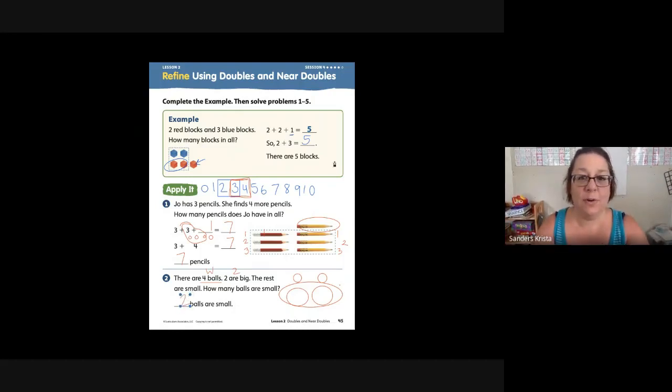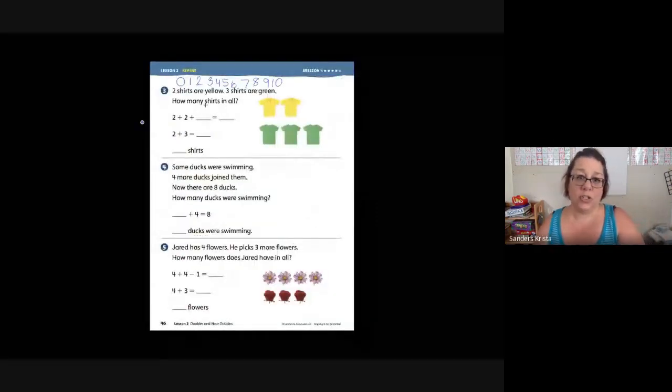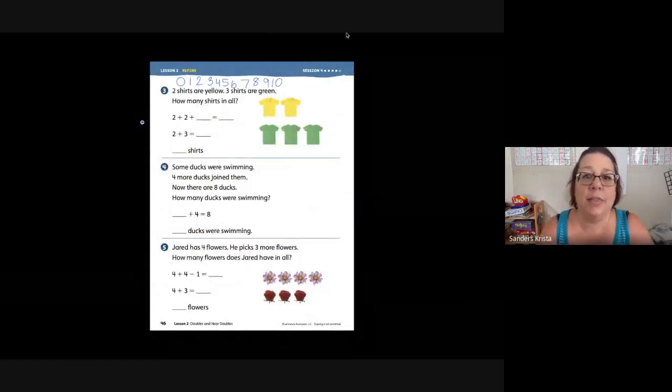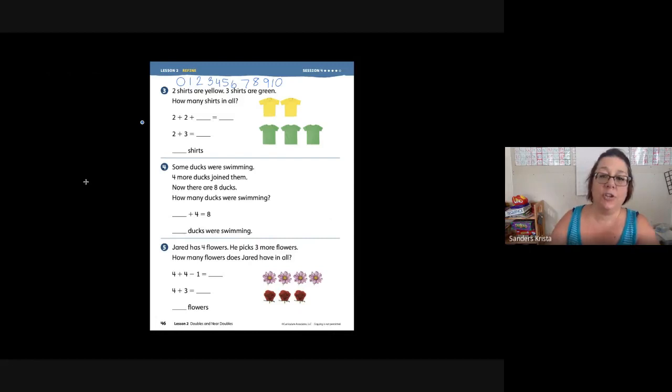Okay, let's move over to page 46. It says 2 shirts are yellow and 3 shirts are green. How many shirts in all? 2 and 3 are neighbor numbers. They're near numbers, right?